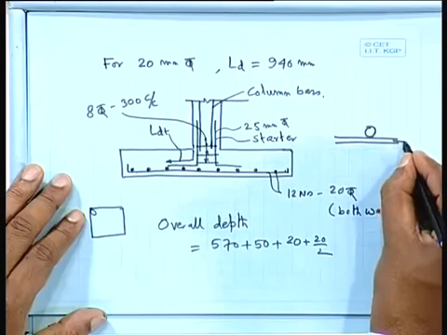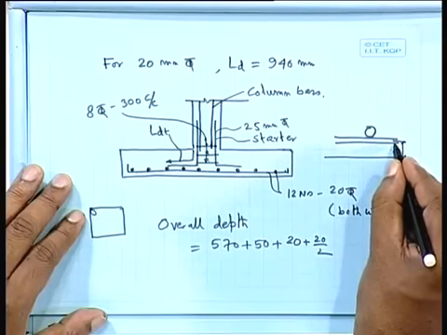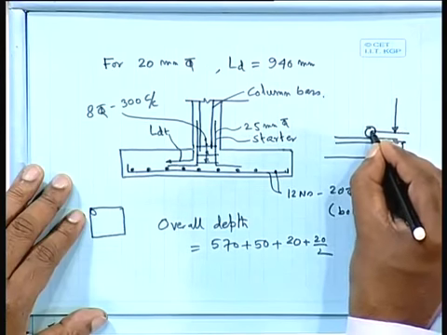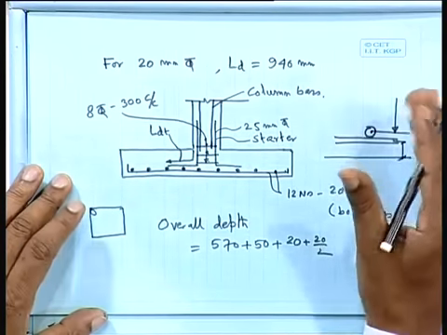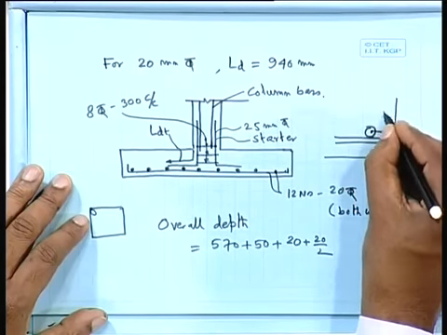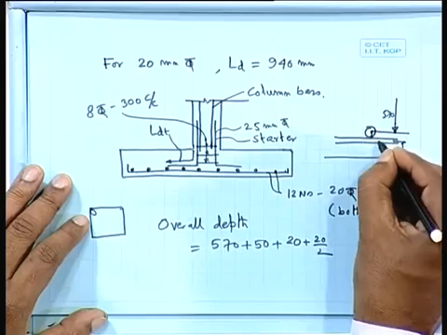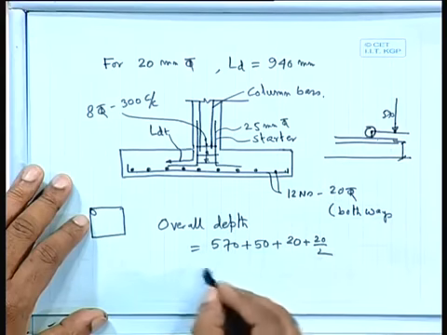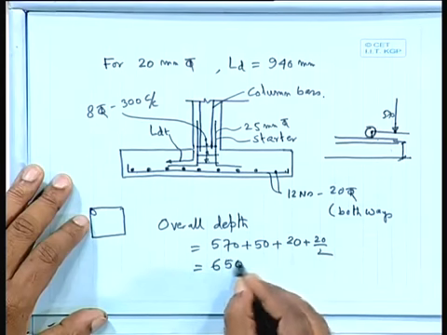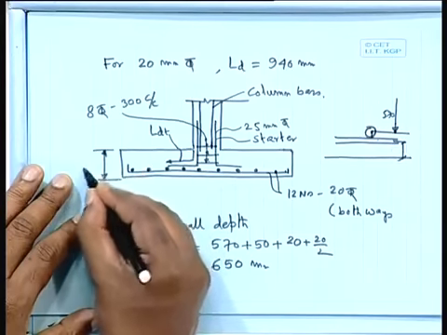So the center line of this, and this is your clear cover. So this length is 50 plus 10, 60, but for effective depth we have to consider this, because otherwise it may fail. So 570 plus this 10, that is 20 by 2, plus 20 plus clear cover, we are getting 650 millimeter. So overall depth is 650.